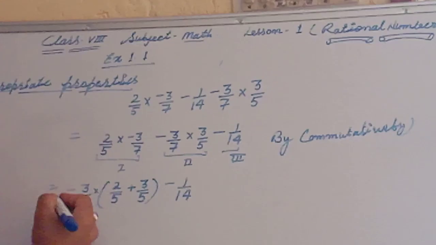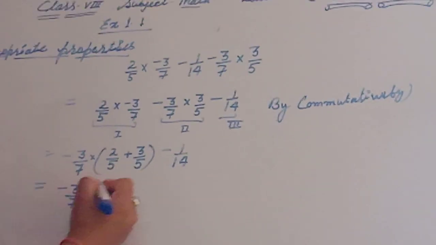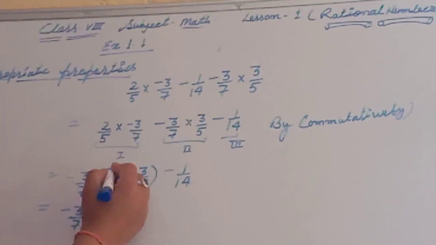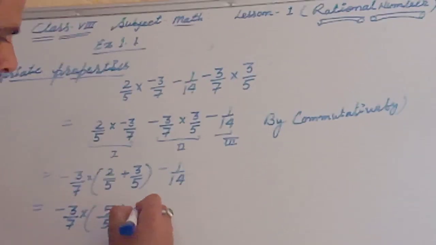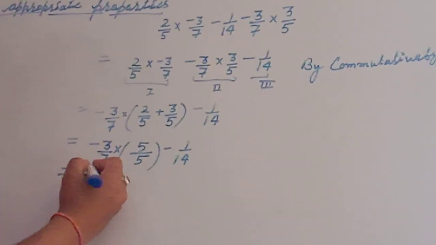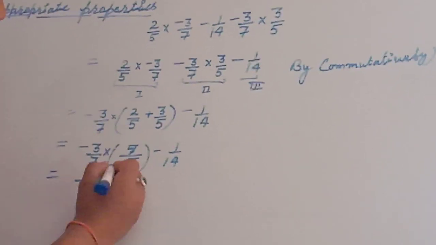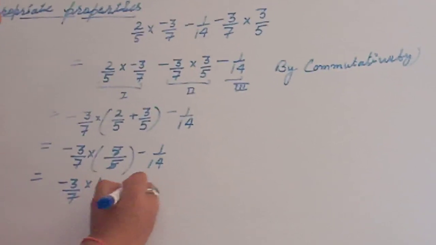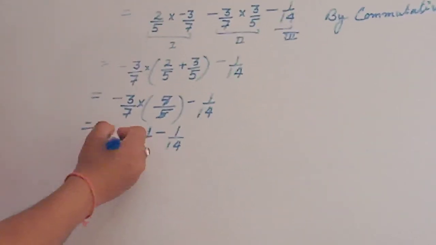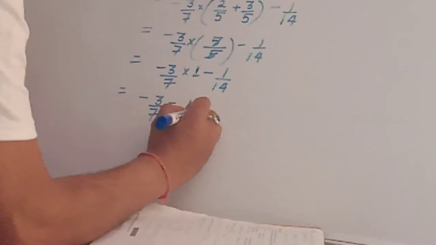Then solve it first of all. Minus 3 upon 7 into, the denominators are the same, so 2 plus 3 is 5, over 5, minus 1 upon 14. Then open the bracket: 3 upon 7 into 5 upon 5, which is 1, so minus 3 upon 7 minus 1 upon 14.